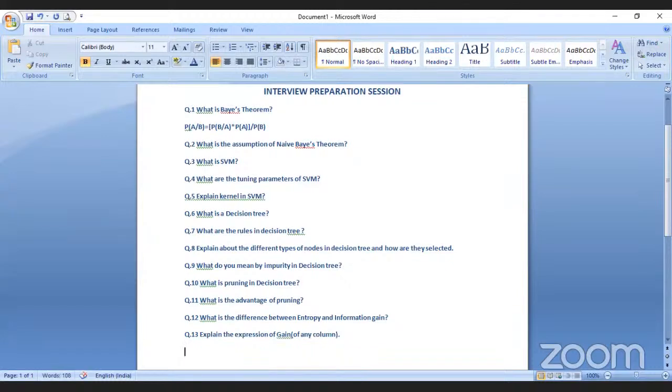Gain for any column is calculated by differencing the information gain of the data set with respect to a variable from the information gain of the entire data set.